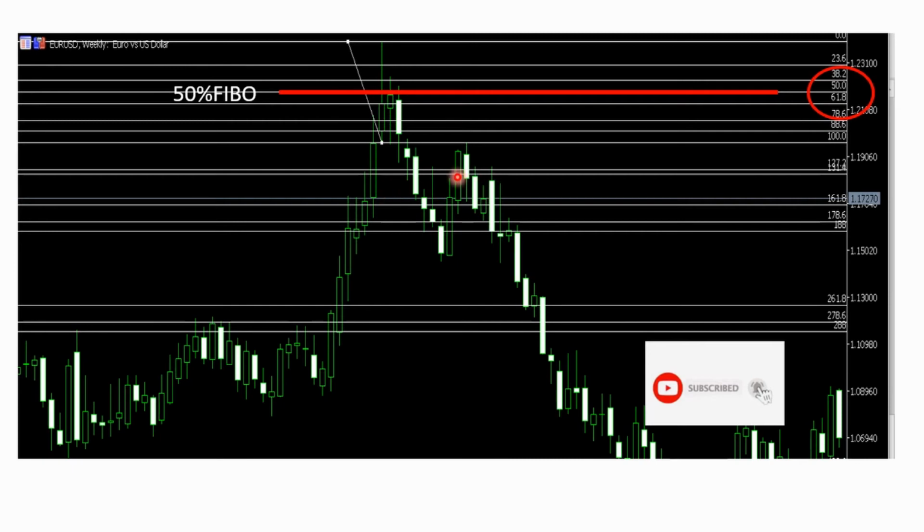My strategy is basically, when I see the pin bar, I will set my sell limit, because I intend to sell. So I set the sell limit at the 50% Fibonacci here, because most of the time the market will retrace back. So when it retraces, your trade will be triggered.